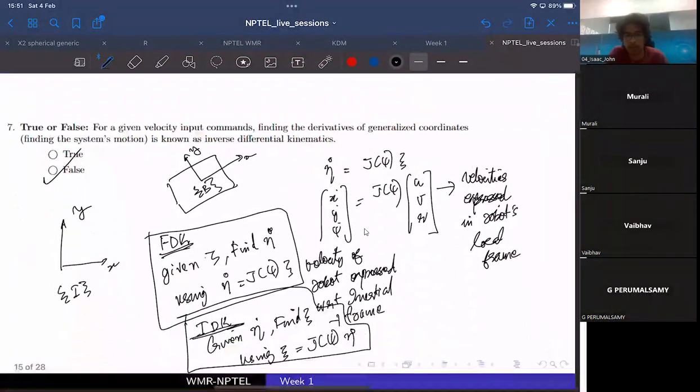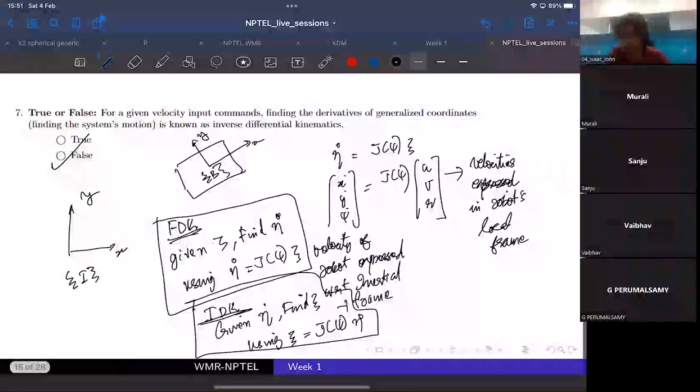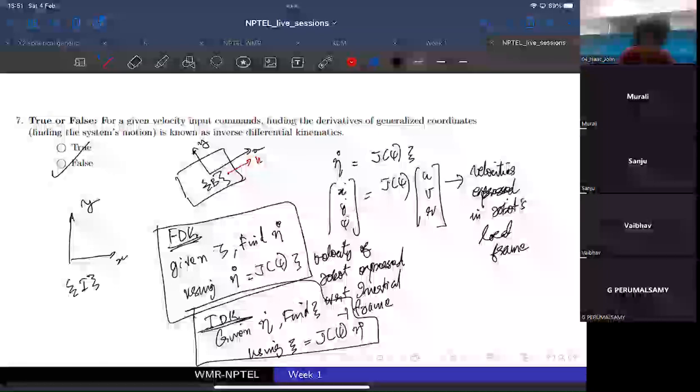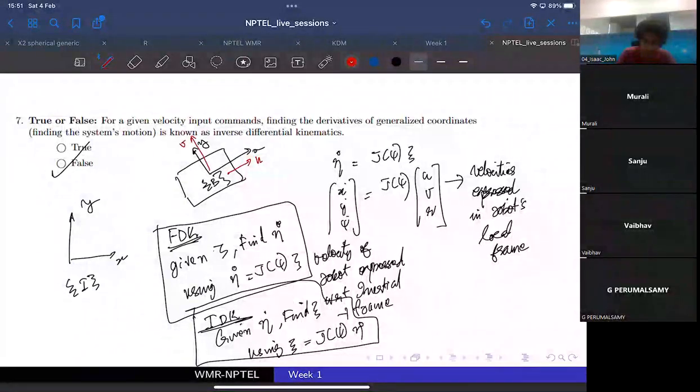Yeah. So what is this UVR actually represent in practice? UVR basically represents the velocities with respect to the body's frame. Body's frame changes instantaneously. So what component velocities are these?